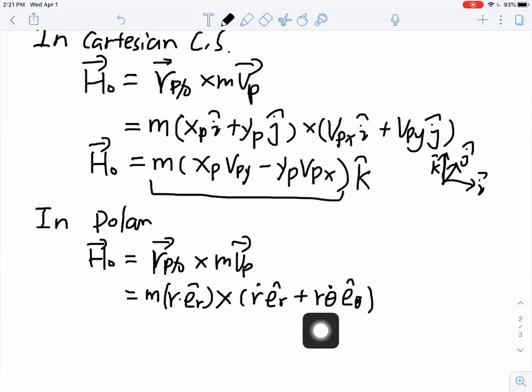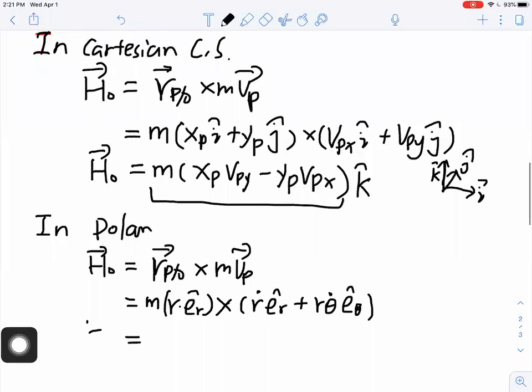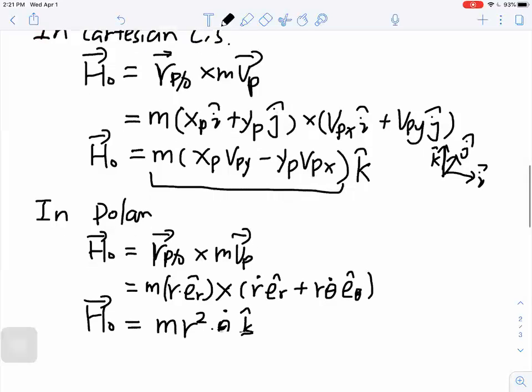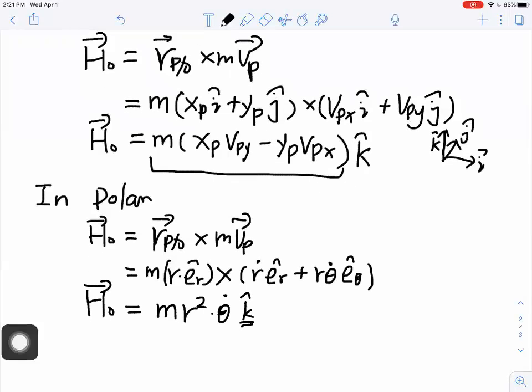Okay, then you can break this down, and you end up with the angular momentum in polar coordinates equals mass times r squared times theta dot in the k direction. So this is the expression for angular momentum in the polar coordinate system.